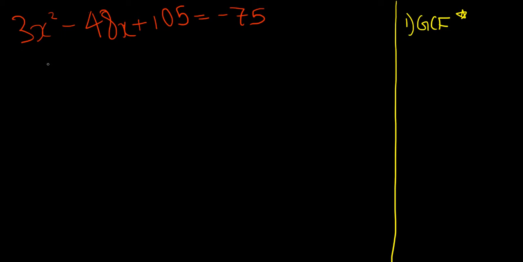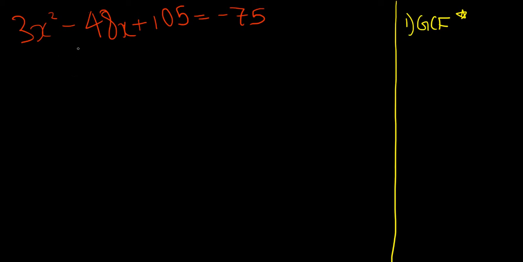If you find a GCF, it saves you a lot of simplifying at the end, and also makes the quadratic that much easier to solve, because when you have smaller numbers, things often look a little bit nicer, and you're less likely to make mistakes from having big numbers. So what GCF do you see in all of this?